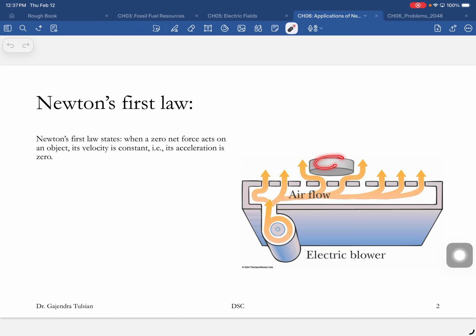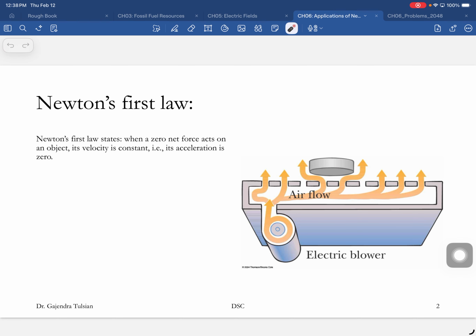So for instance, if you go to an air hockey table and get this puck moving and let go of it, the net force on this will be zero. Gravity is balanced by the normal force, and there is no friction force on this. So the net force on this will be zero, and it'll maintain a constant velocity, okay, till it hits a sidewall or something like that.